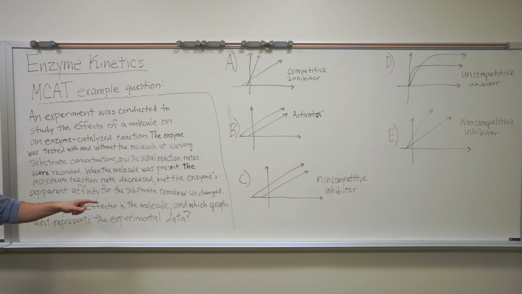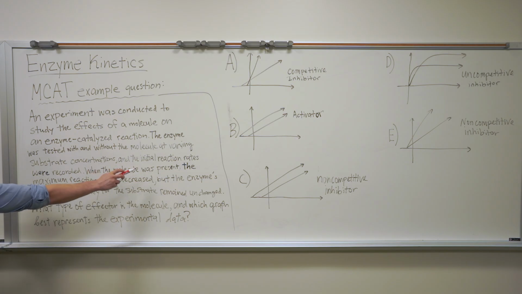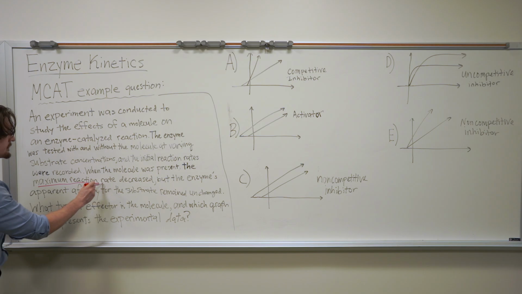What type of effector is the molecule, and which of the graphs best represents the experimental data? So really what we've got to realize here is when they say when the molecule was present, the maximum reaction rate decreased, this we've got to recognize is, of course, they're talking about the Vmax, okay?